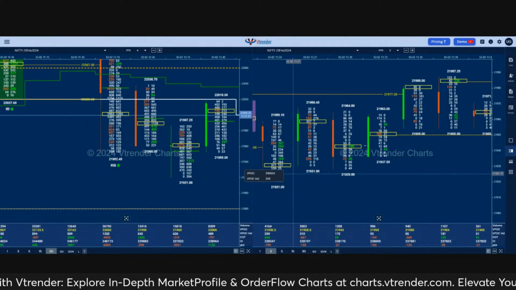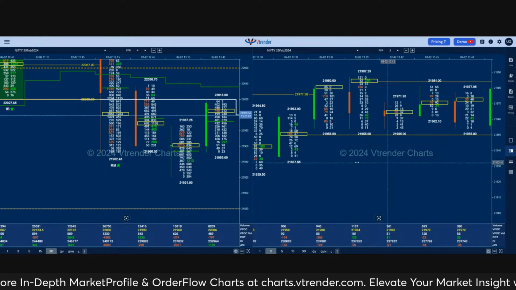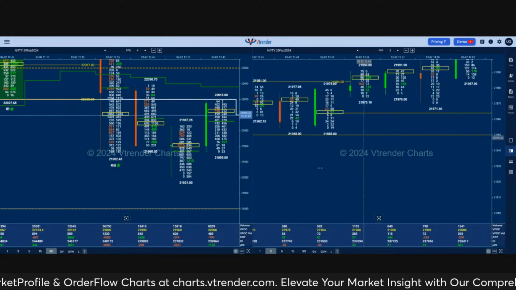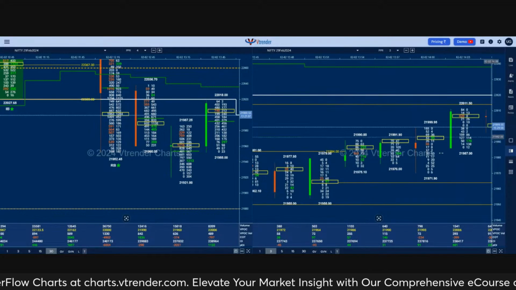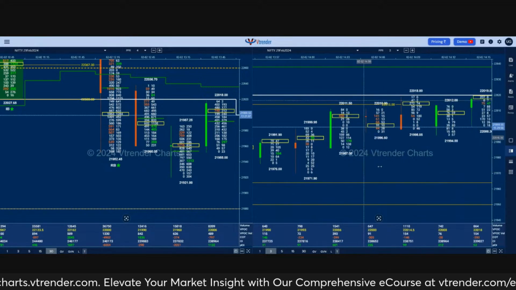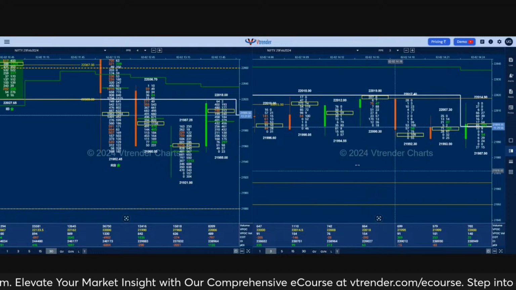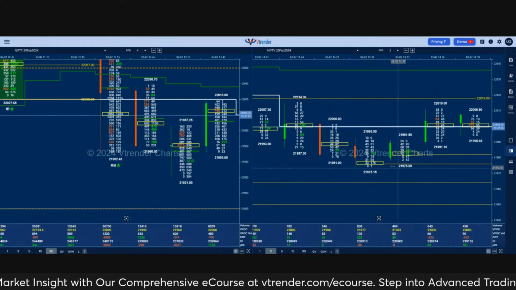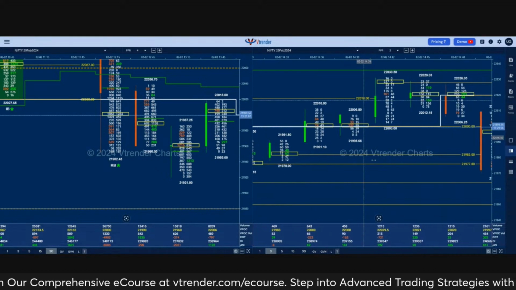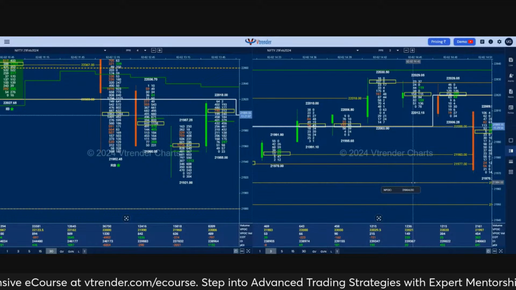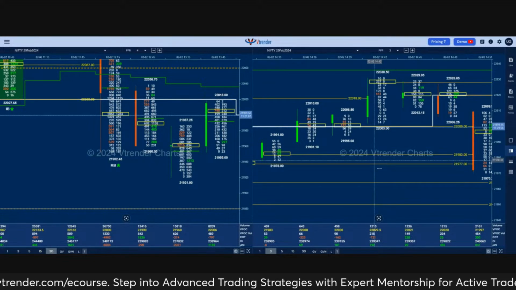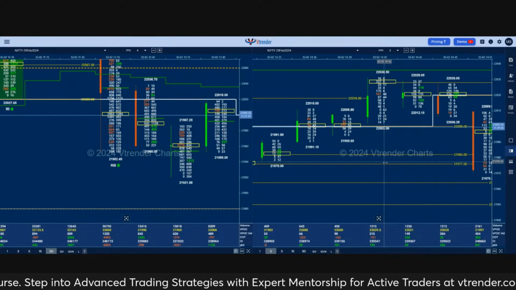So what we did after this RB, we went on to give a bounce, and I think we even went to tag the VWAP and the POC. POC was lower anyways. So this was the K period. K period we give a lot of importance in market profile because it is the action period for us.